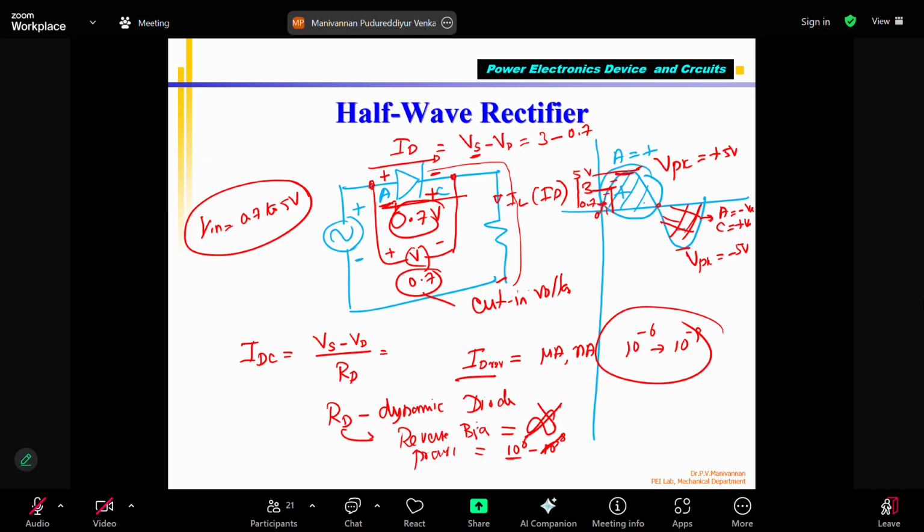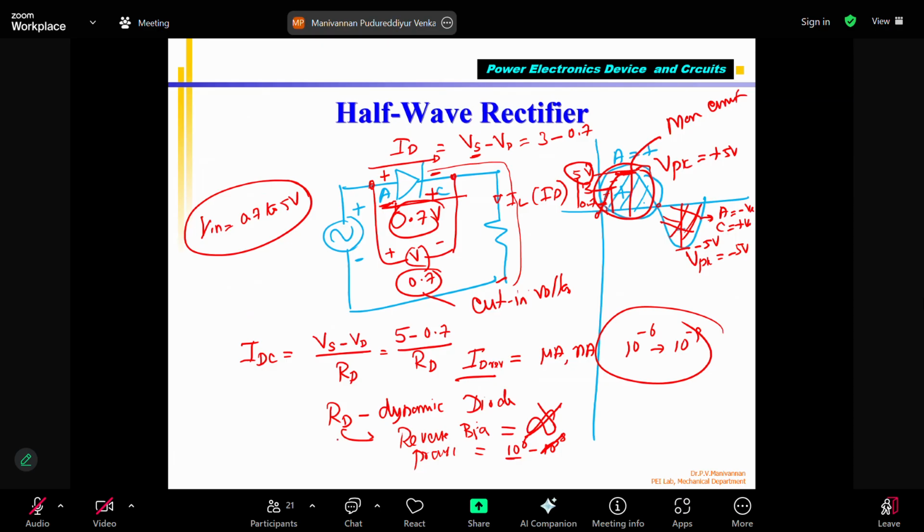When the sinusoid voltage increases 1, 2, 3, it reaches 5 volts at the positive peak, and similarly minus 5 volts at the negative peak. With positive 5 volts during the positive cycle, maximum current flows, the diode current at the peak of the sinusoidal voltage. That is going to be the peak value 5 volts minus 0.7, divided by RD.